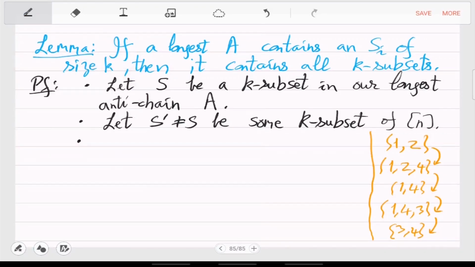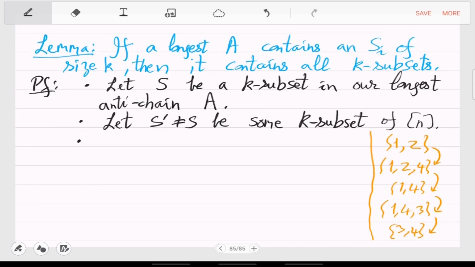So if from a 2 subset, let's say 1, 2, you want it to go to 2 subset 3, 4, then these are the steps you can take. You can make the set bigger, then make it smaller, then bigger, then smaller, right. So that is what we will do to get from S to S prime.